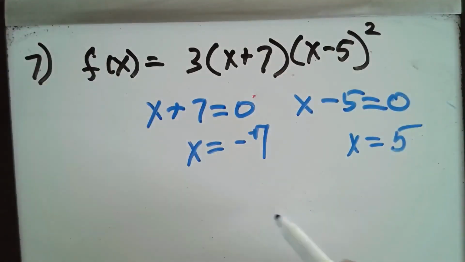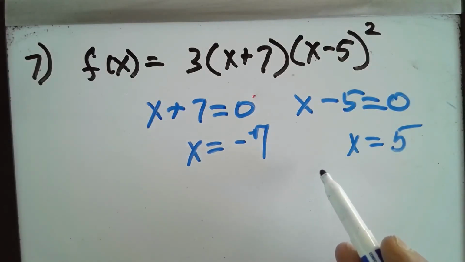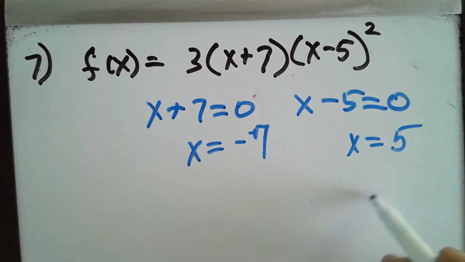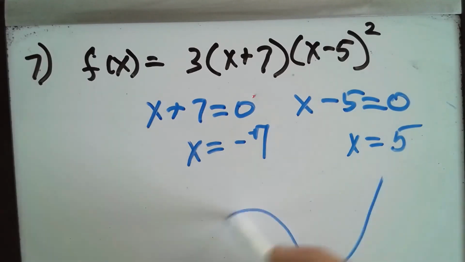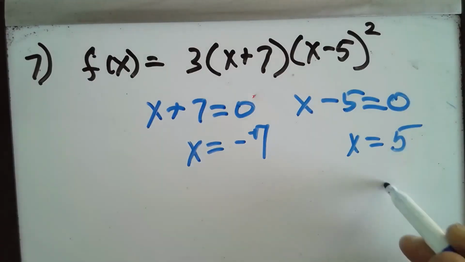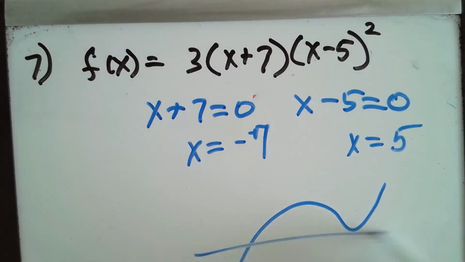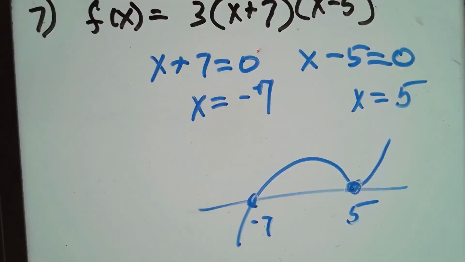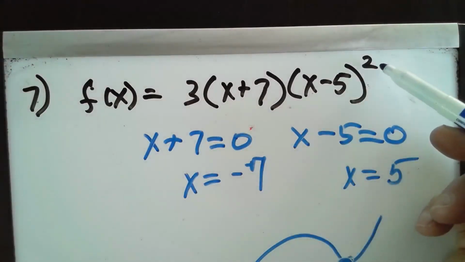So that means that our graph has a 0 at 5 and a negative 7. Now, how did I know that it touches at 5 and crosses at negative 7? Because we look at the multiplicity.